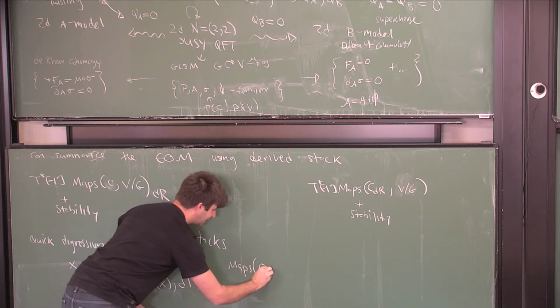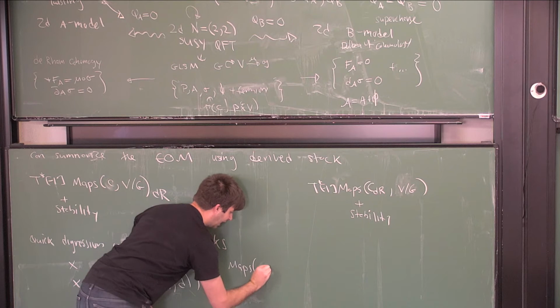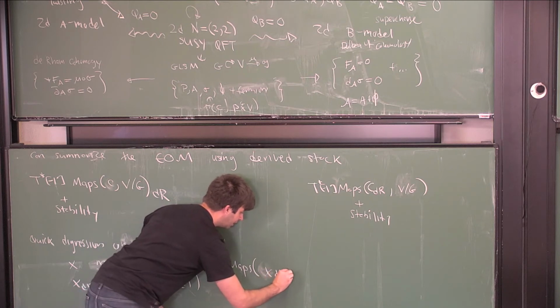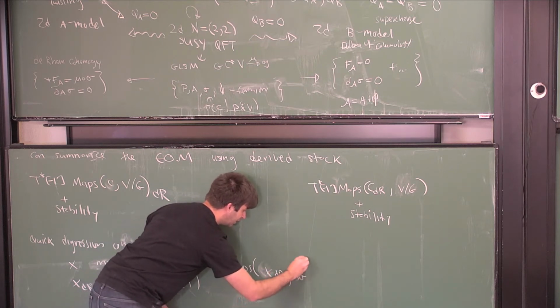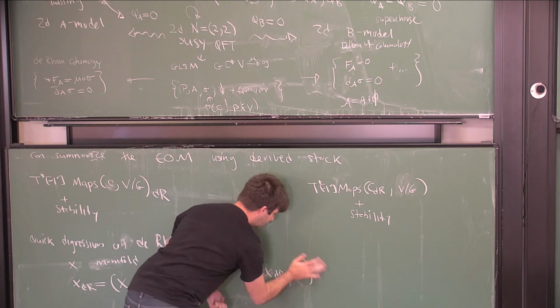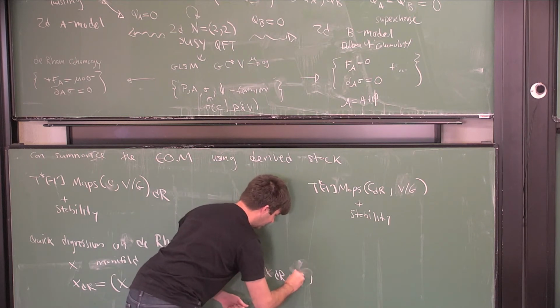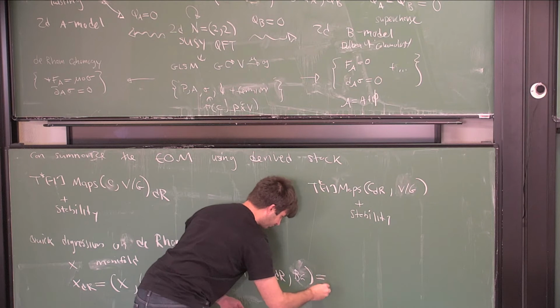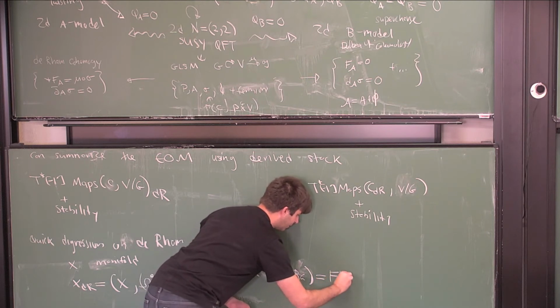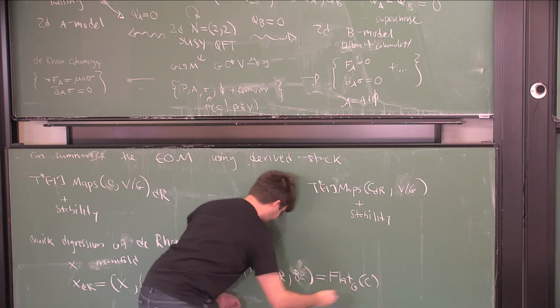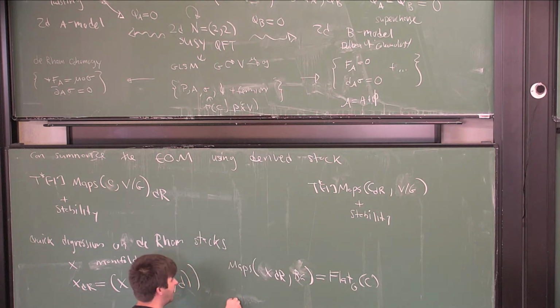The only things that I'll ever really use are that maps from X de Rham into BG, or into V mod G, or sorry, just into BG, are just another word for the moduli space of flat connections. And then I'll use that functions on X de Rham is the de Rham complex.